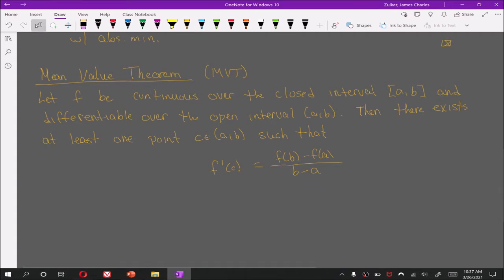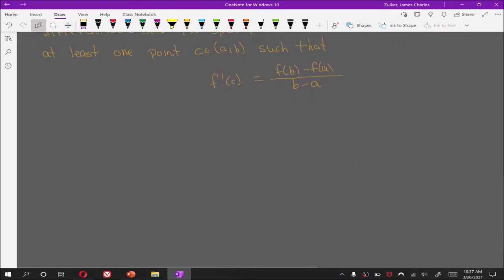Right, that is, f prime of c is the average value of f over the interval a to b. So we shall prove this.